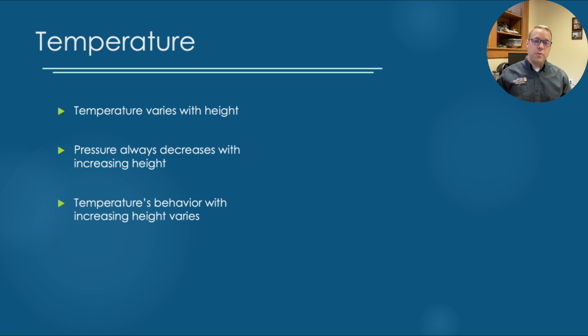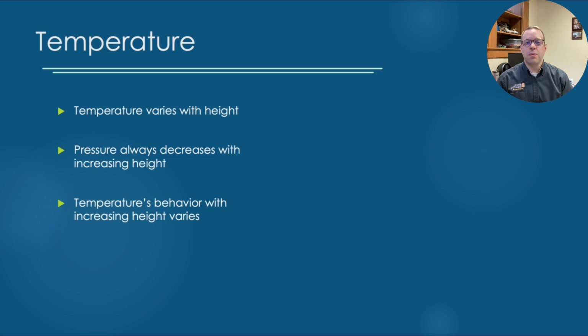So temperature changes with height. If you go up in altitude, at least close to the surface, you'll notice that the temperature drops. Same with density and pressure, as we saw in the last couple of videos. Density and pressure always decrease with increasing height. However, at times, the temperature's behavior changes.